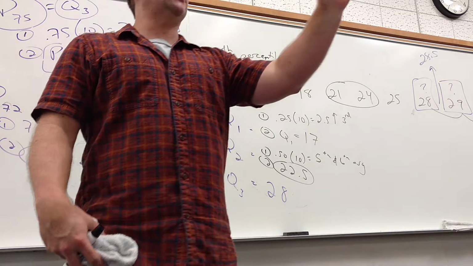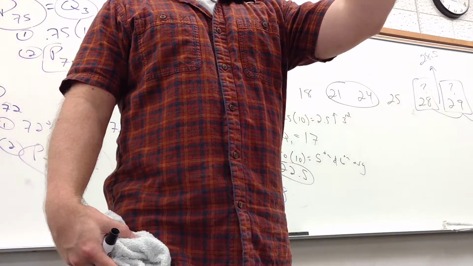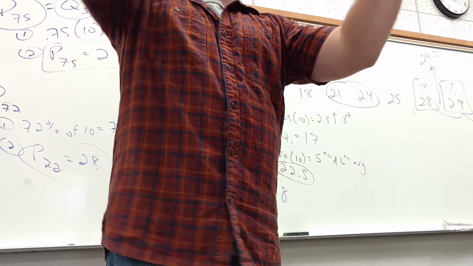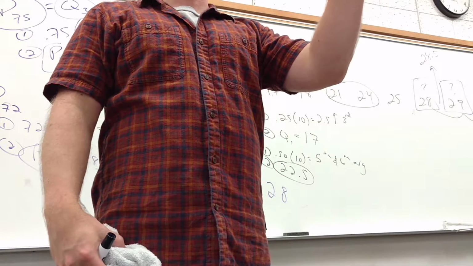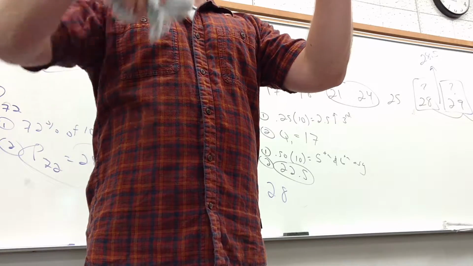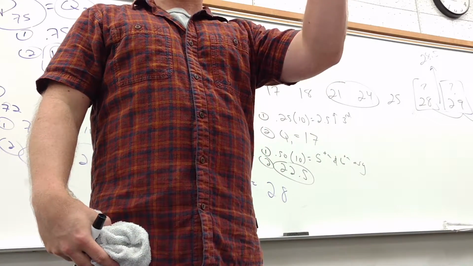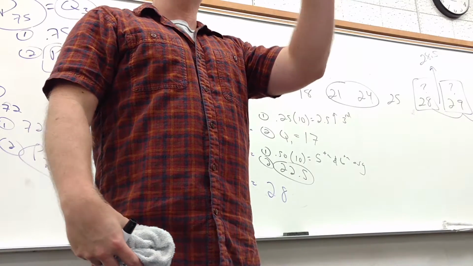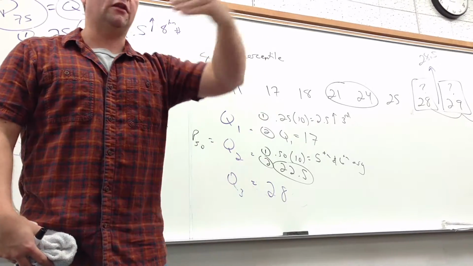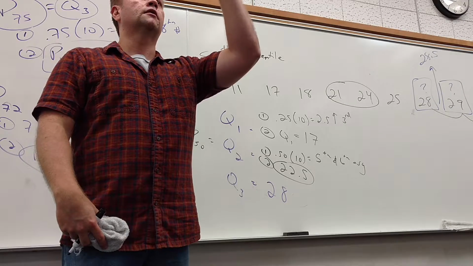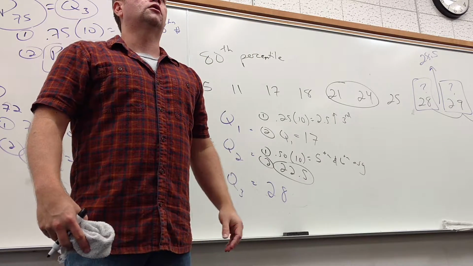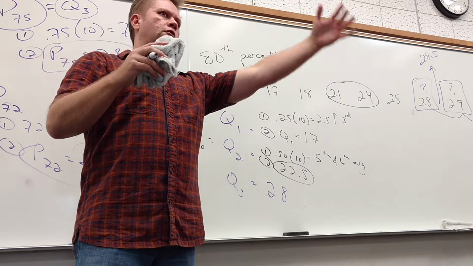It's related to the idea of if I have 5 numbers, which number is in the middle? The third number. Well, what's half of 5? 2.5. So I round up to 3, so it's actually the number that's in the middle. That's how you find the median: cut it in half and then round up. If it's a whole number, take that one and average it with the next one up.